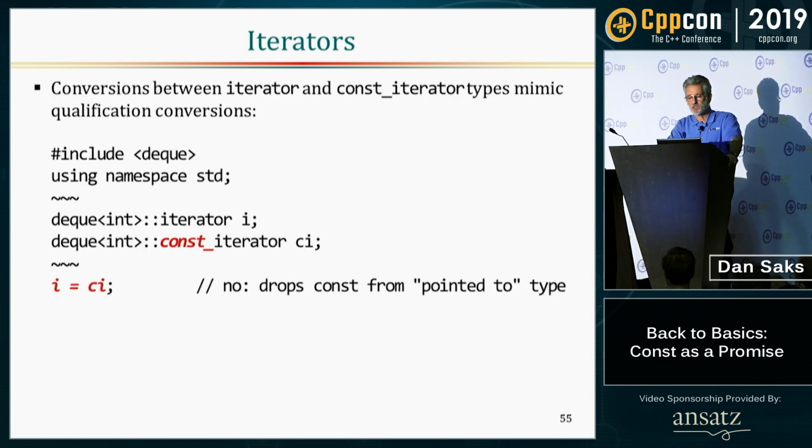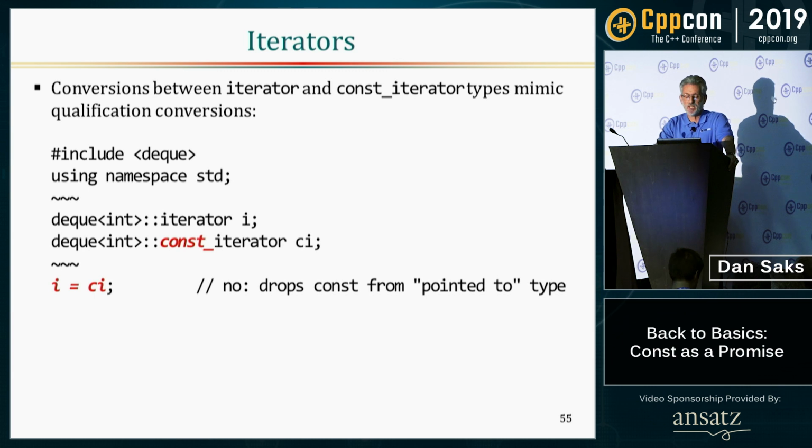Well, not surprisingly, since these things are mimicking pointers, you can do conversions between iterators and const_iterators that mimic the pointer conversions that we just talked about. So here we have an example of a deque of int iterator i and a deque of int const_iterator ci.